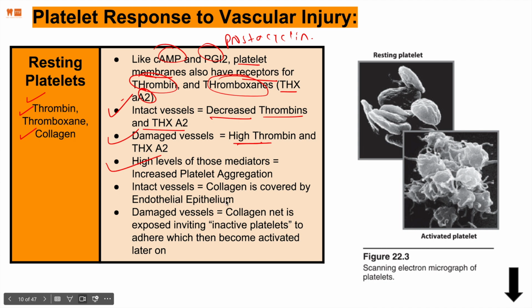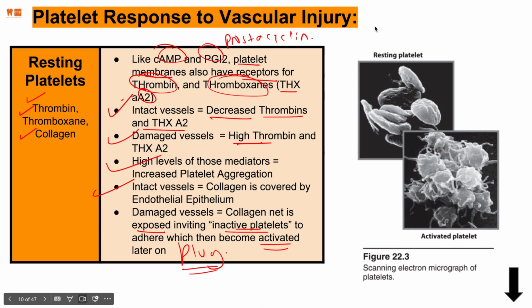In intact vessels, collagen is covered by endothelium, safe and secure. But in a damaged vessel, the collagen net is exposed. Because of that exposed net, platelets get invited and they just stick to the collagen, making an activated plug. Fair enough?